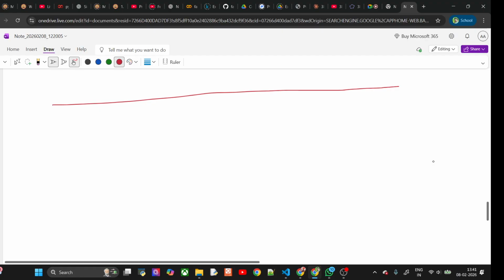We know there is a matrix, for example A, which is 1 2 3 4 5 6. It is a 2 cross 3 matrix, 2 rows and 3 columns.